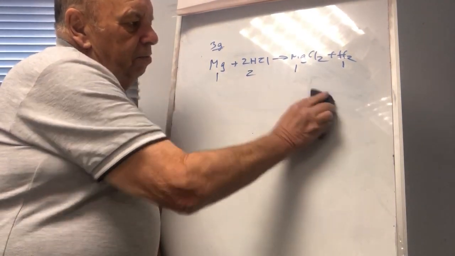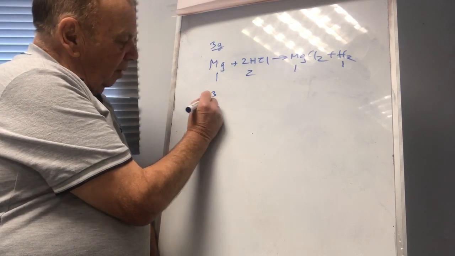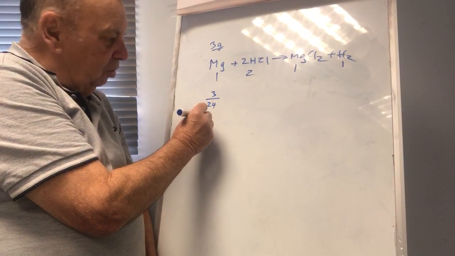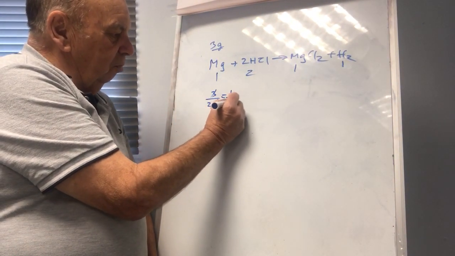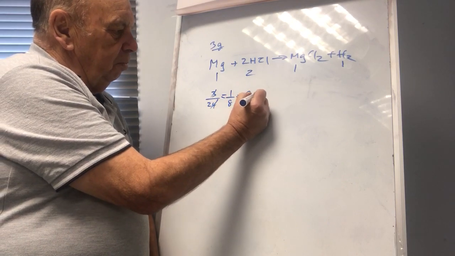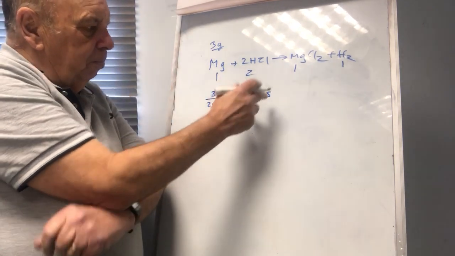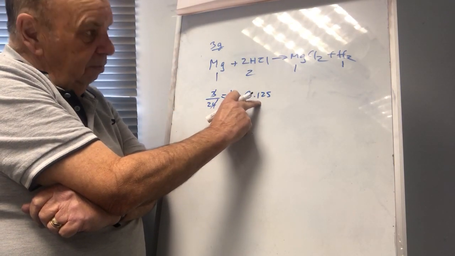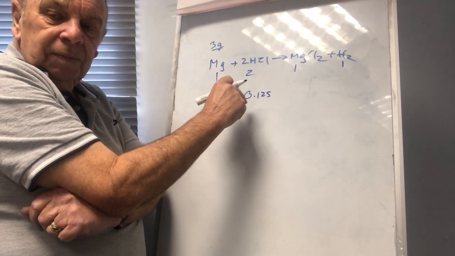So I've now known I've got 3 over 24 moles of hydrogen. That cancels out, by the way, and that is equal to 1 over 8, which is 0.125. I know I've got 0.125 moles of the hydrogen. How much is that then?